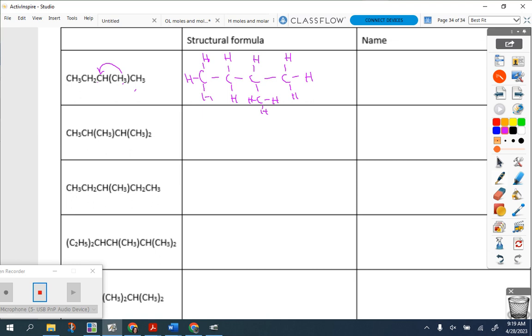Now, how am I going to name this? Take a minute to write out a name for this substance if you haven't already. Remember that you're going to number your carbons, decide whether the ending is ane, ene, or ine, and then use numbers and groups to name any substituent branches.